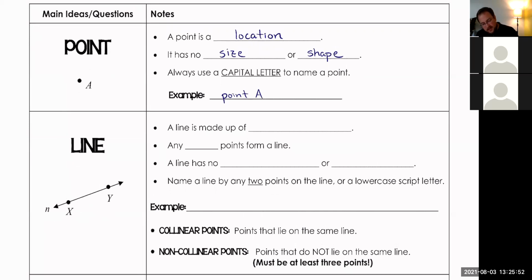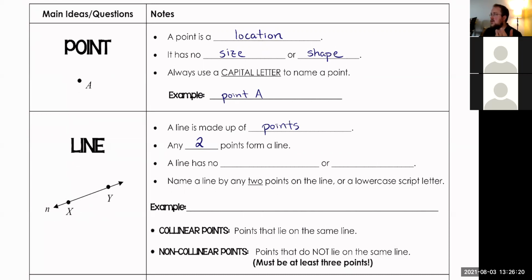Second one that you're going to use a lot today is going to be a line. So a line is made up of points, infinitely many, in fact. Usually we denote at least two so that we can name it. Any 2 points form a line. So literally you draw any 2 points anywhere in space. Those 2 points can be connected with one line.